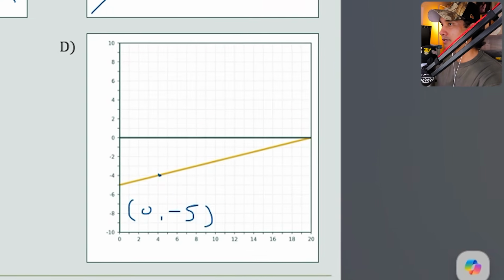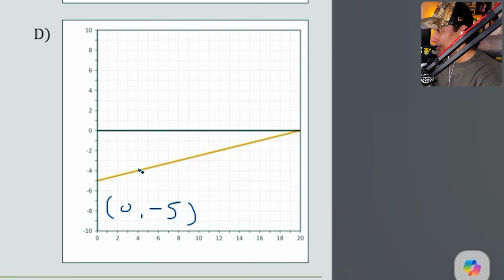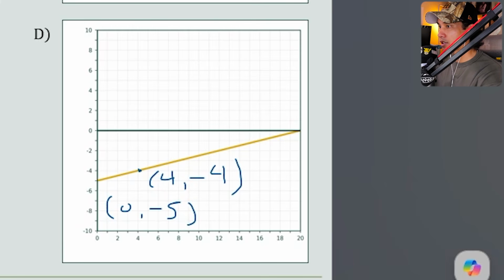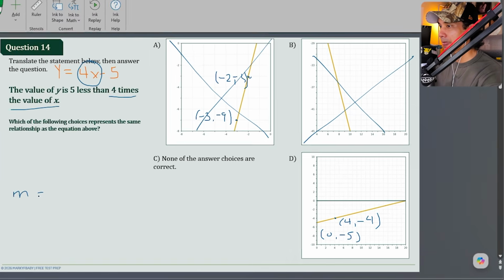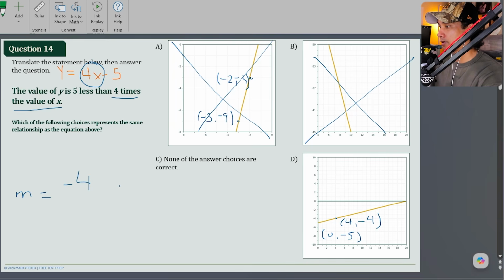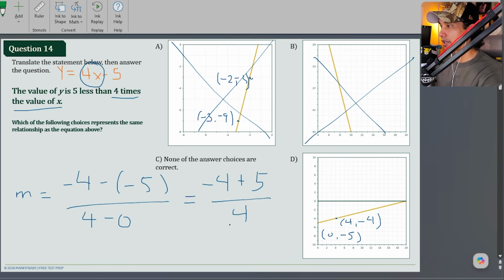This point right here is 4, -4. So then this changes to m equals -4 minus 5 right here over 4 minus 0, giving me -4 plus 5 over 4, and -4 plus 5 is 1 over 4.